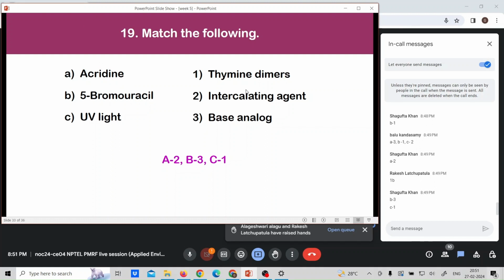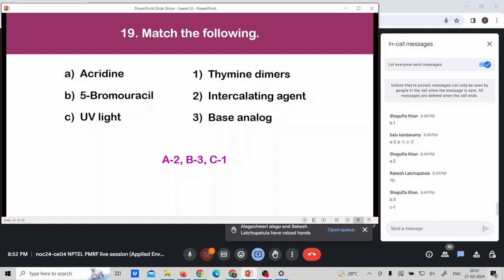Another very famous intercalating agent is ethidium bromide, which we use in gel running. So acridine and ethidium bromide are all intercalating agents. 5-bromouracil or 5-chlorouracil are all base analogs. UV light generally causes thymine dimer formation, which causes the mutation in the genome.